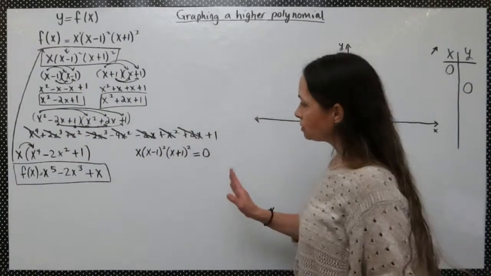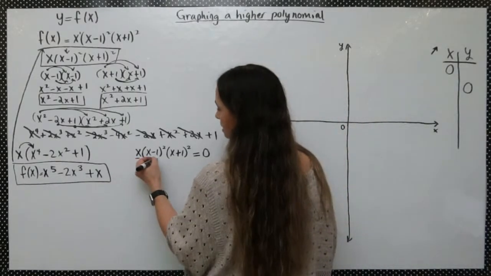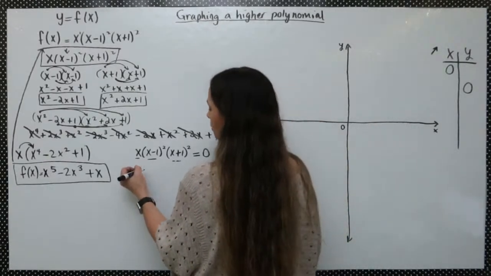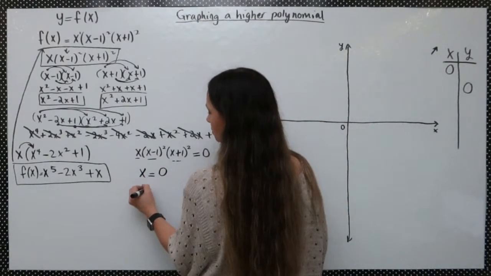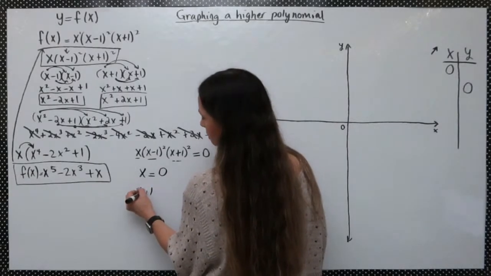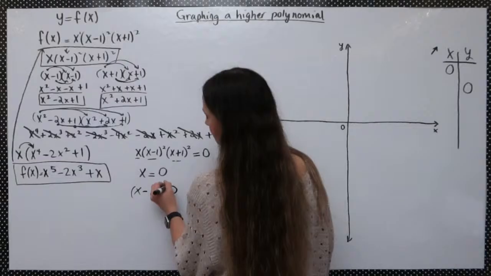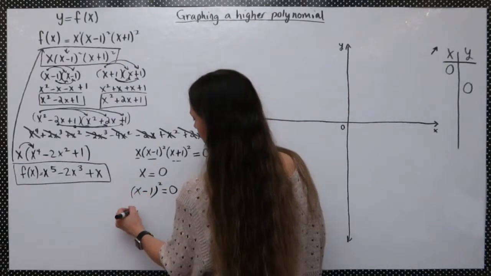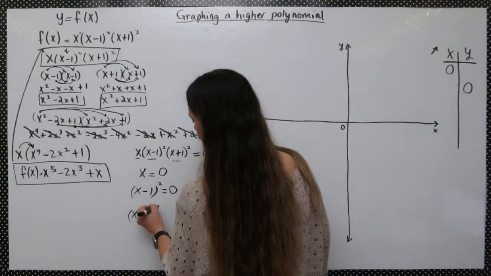In order to find the 0 values, you just take these factors individually and set them equal to 0. So x equals 0, (x minus 1) squared equals 0, and I also have (x plus 1) squared equals 0.